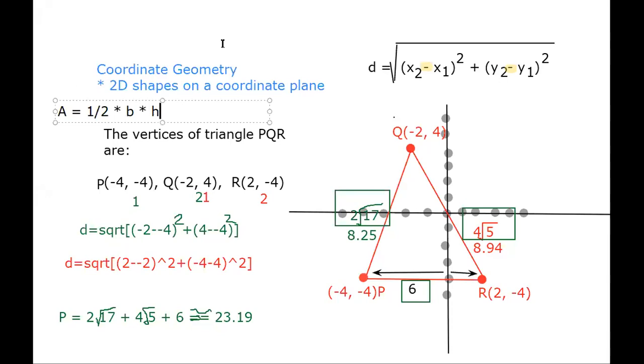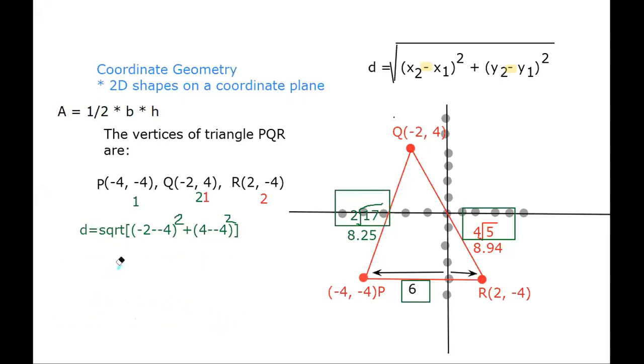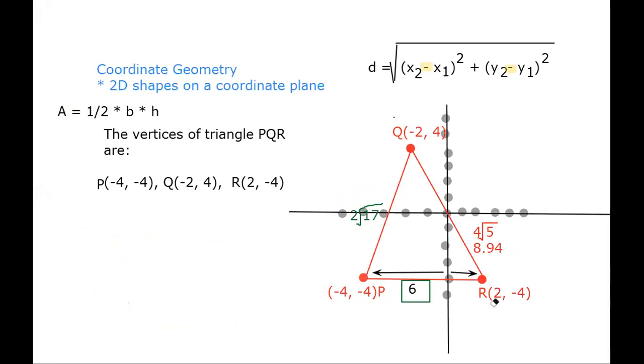Well, let's erase some of this and get us some room. We don't need this anymore. Probably won't need that right now. What we need to know is, what is the height of this triangle? The height of this triangle is from the top, perpendicular, straight down to the bottom.